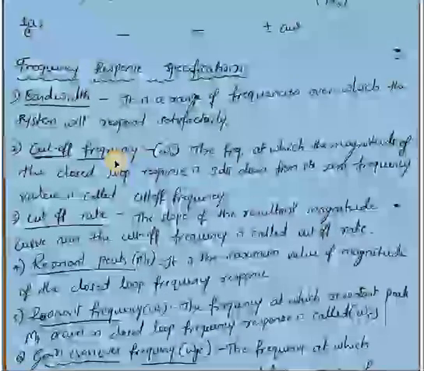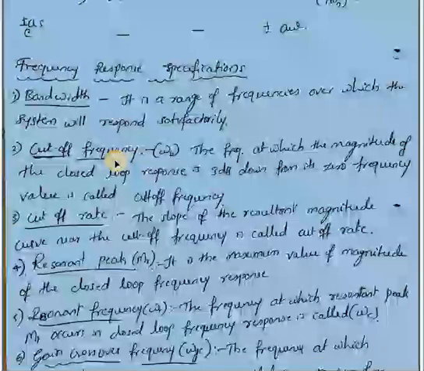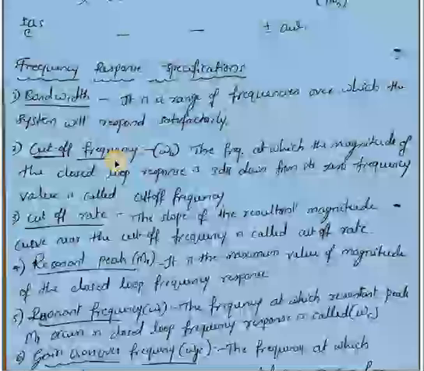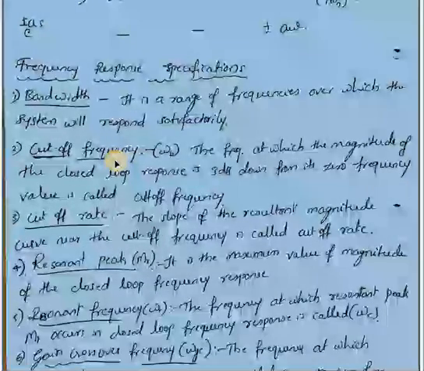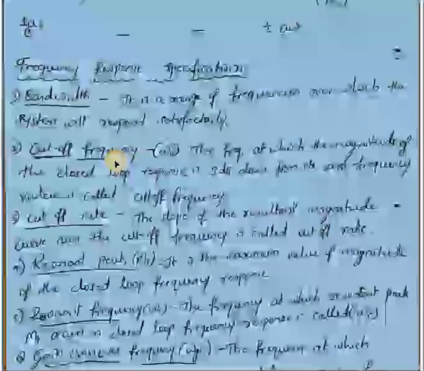Similarly, the bandwidth indicates the speed of the response. It indicates the ability to reproduce the input signal, and it is inversely proportional to the rise time. Larger bandwidth means small rise time, means fast response. So that is the reason for a system it is better to have a good bandwidth.